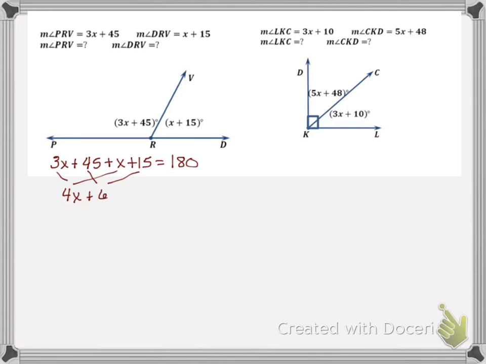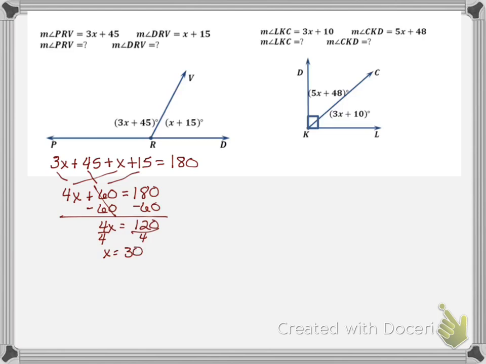So we got 4x plus 60 equals 180. So that's combining like terms. We continue to solve. This goes away. That's what we want. 4x equals 120. Undo the multiplication by dividing. And so x equals 30.